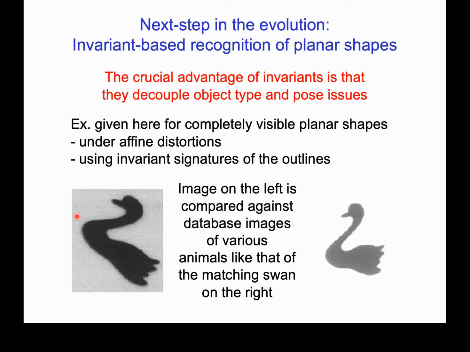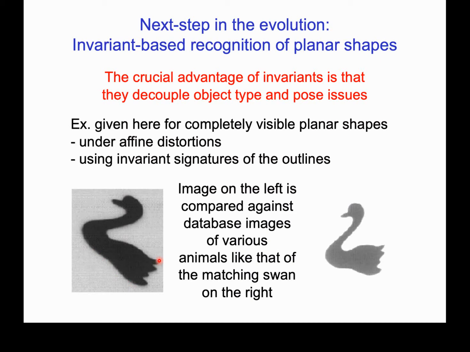Now here, examples can be given for completely visible planar shapes. So I want to be able to, for instance, create features that I can extract from this contour that are invariant to affine transformations. And this actually can be achieved by simply creating signatures of the outlines of these images.